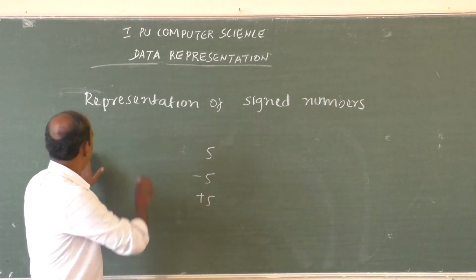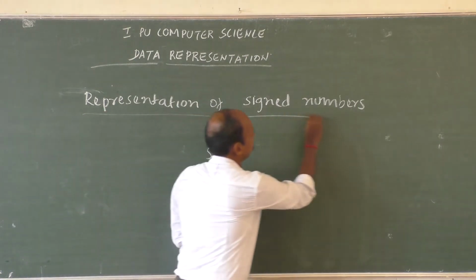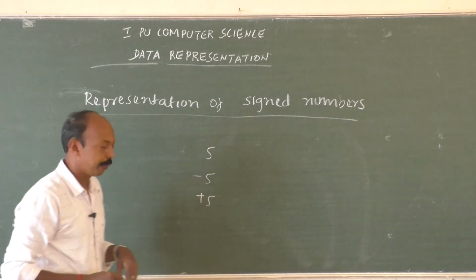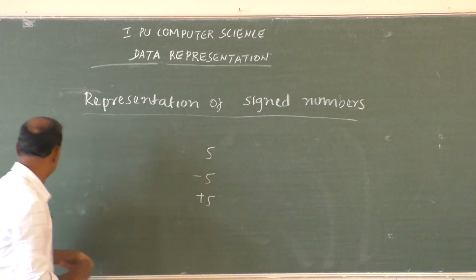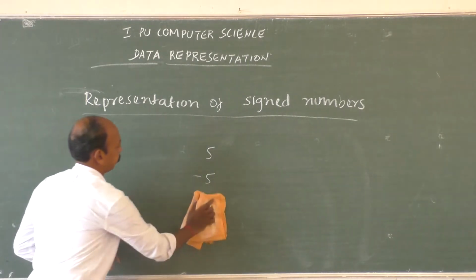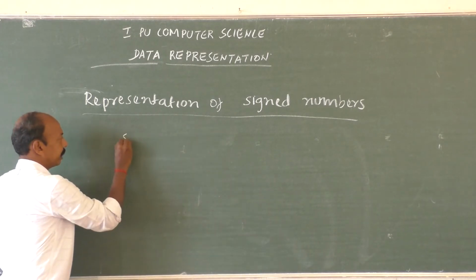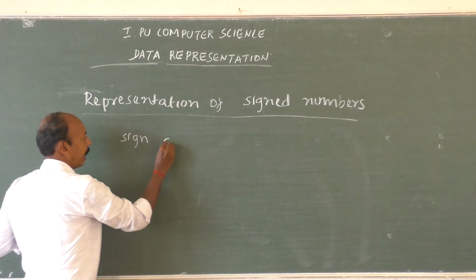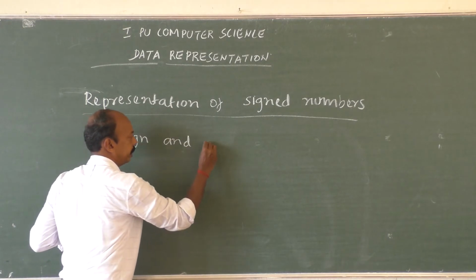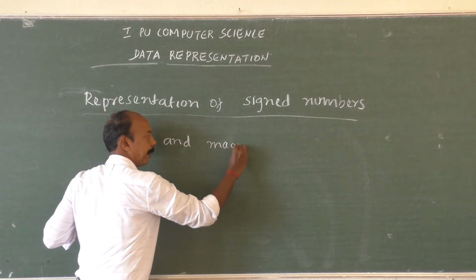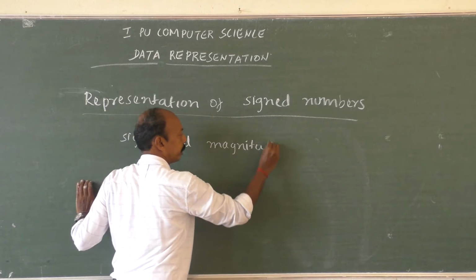So, under the topic representation of the signed numbers, we have different divisions or subtitles. First one is sign and magnitude representation.